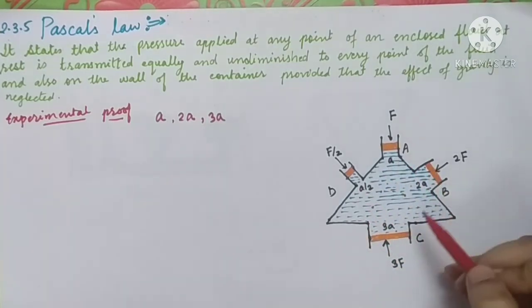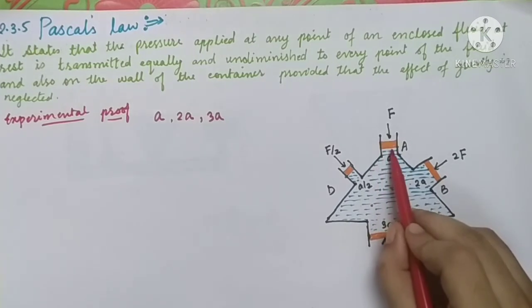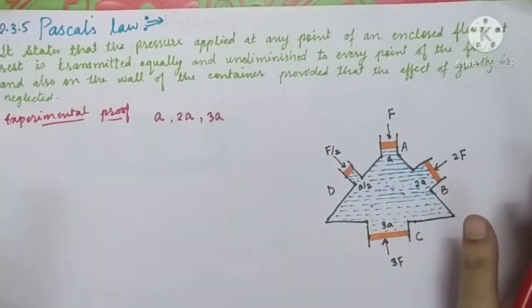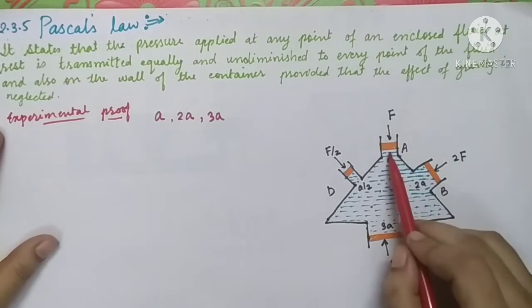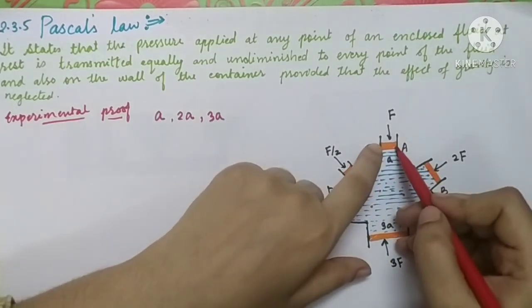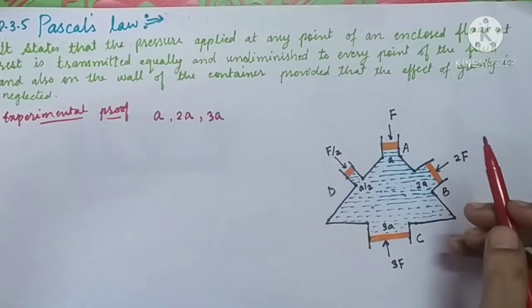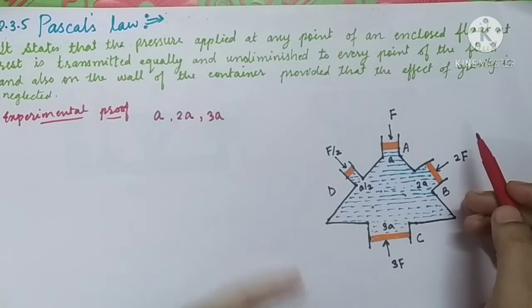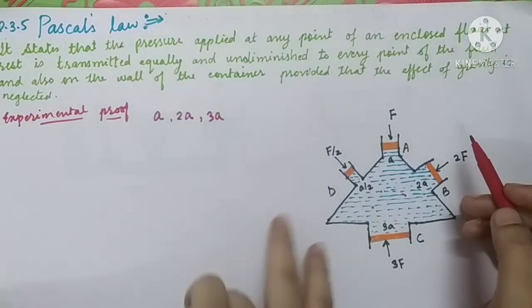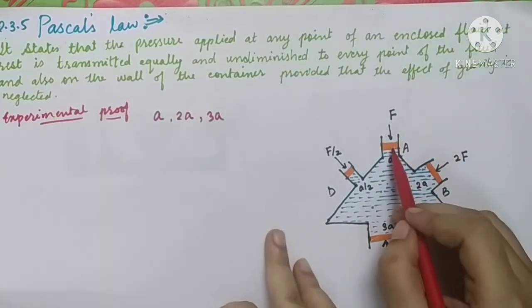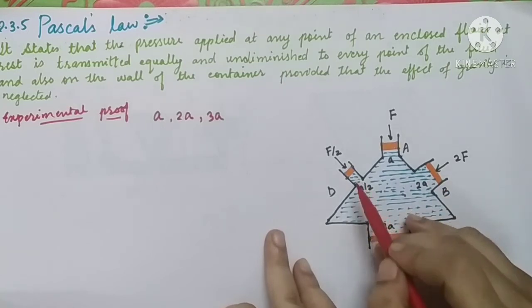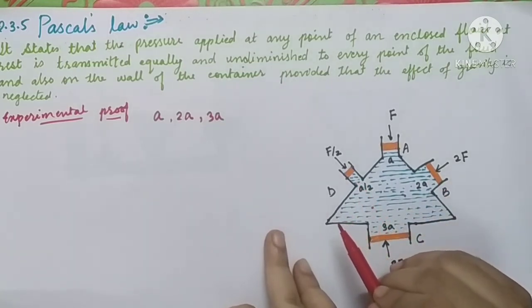And each of these openings is fitted with watertight frictionless pistons. It means here one cork is placed and that is watertight. Since we are studying the fluid, we will say that each of these pistons is watertight and frictionless.